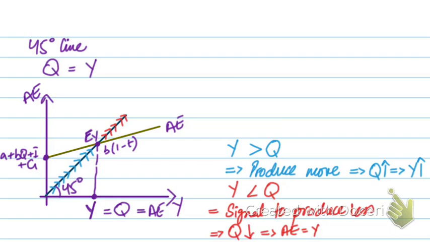The other way is through injections and withdrawals. So in the very first video, we talked about injections and withdrawals. Injections is basically everything being added back to the circular flow. That's investments and government expenditure.